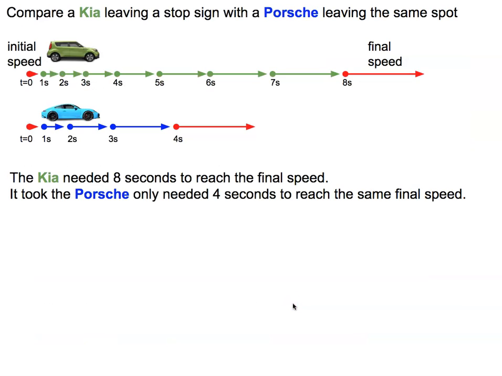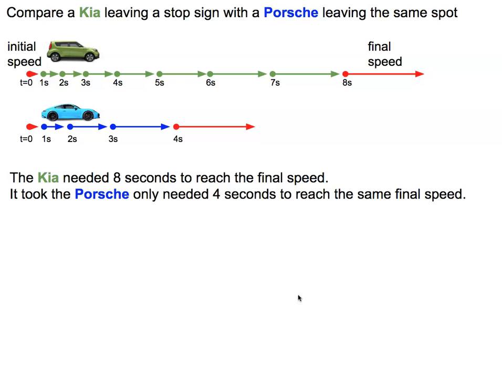What if we were to compare two cars speeding up, both starting from the same place? In this example, we're going to compare a Kia leaving a stop sign with a Porsche leaving from the exact same spot. You can notice from the two motion maps that the Kia needed 8 seconds to reach its final speed, whereas it took the Porsche only 4 seconds to reach the same final speed.